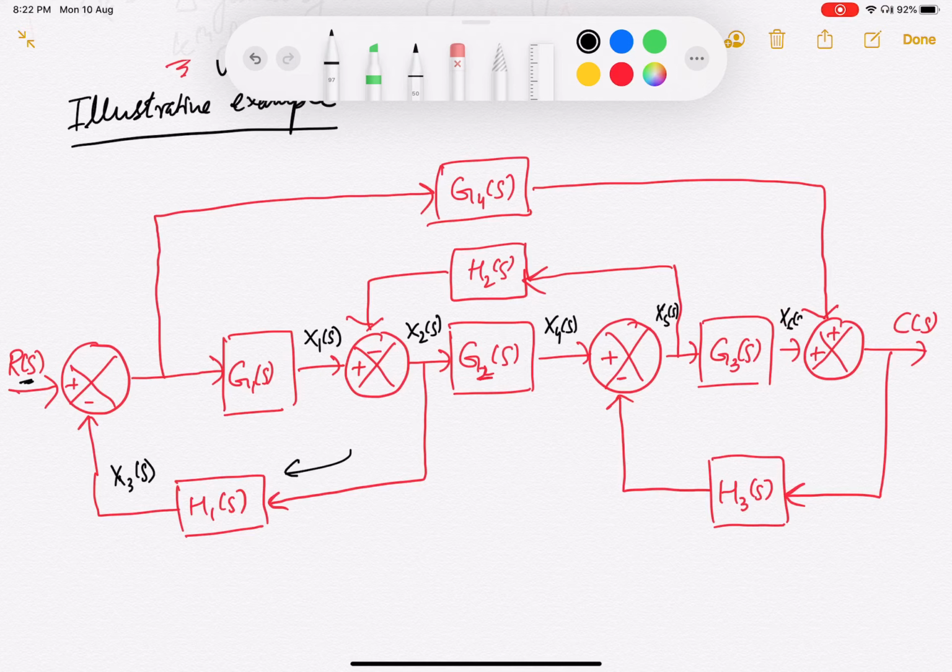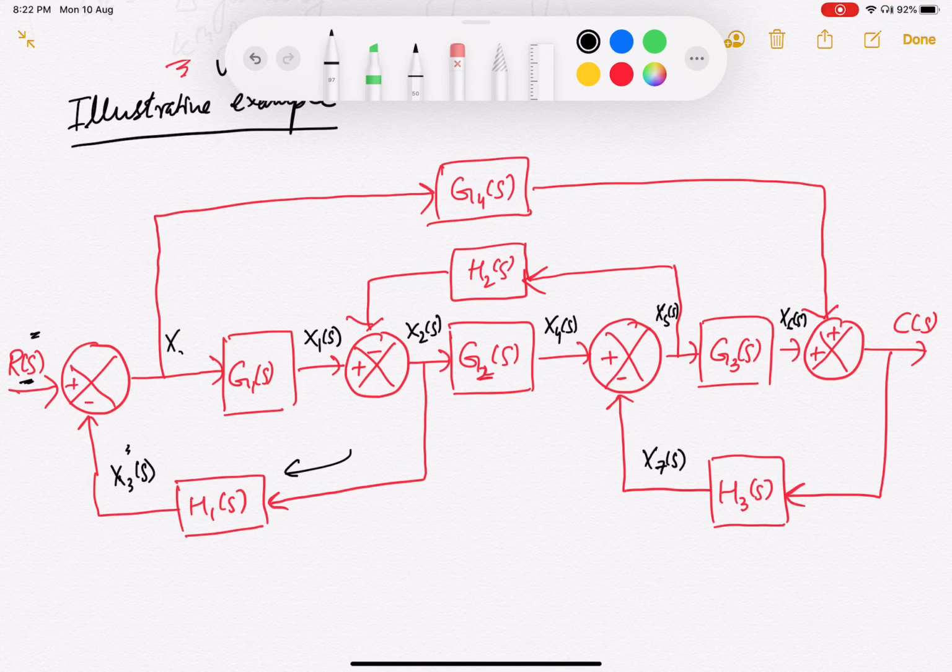You call this X6S. This is already labeled CS, and this can be called X7S once it is processed by HS. Similarly, this X5S is taken up by H2S and then it is fed back, so you don't need to add it. And yes, you also have this signal here, which is the result of RS and X3S getting combined.